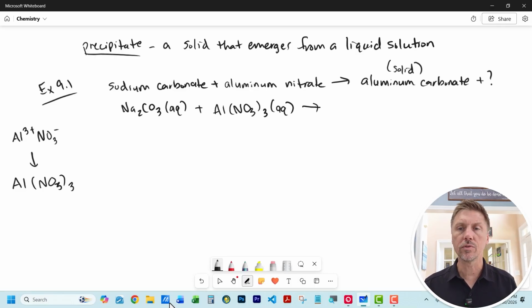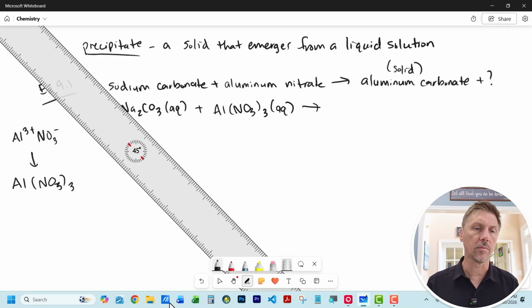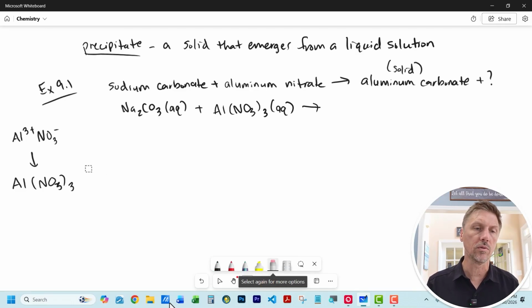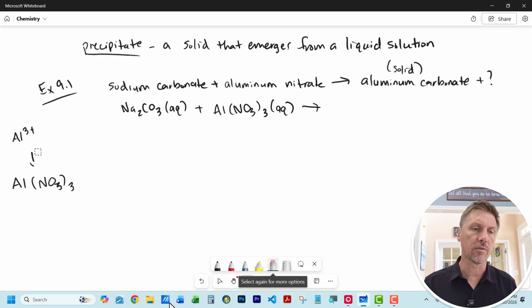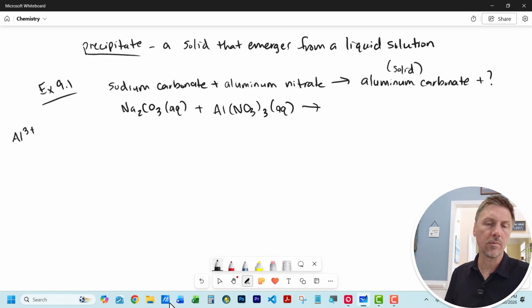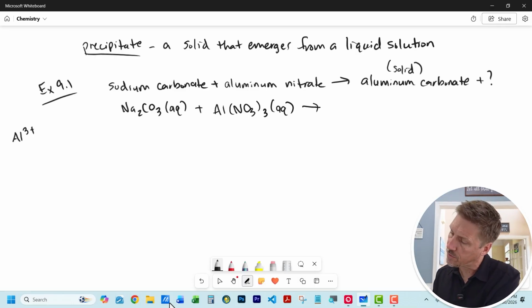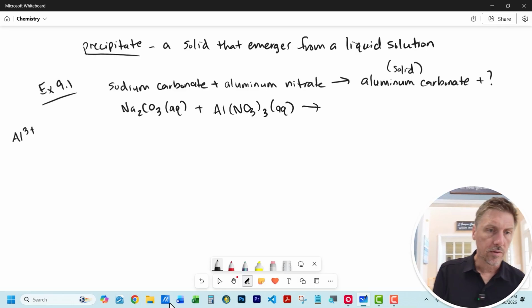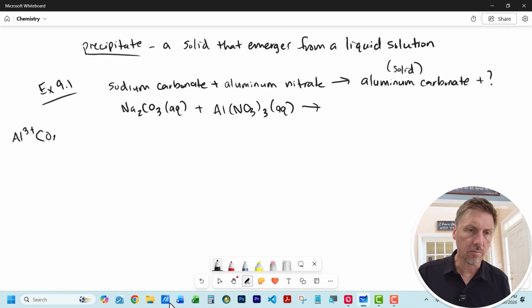And it's going to produce aluminum carbonate. Now, what's the formula for aluminum carbonate? We'll leave the Al3 plus here. That's aluminum carbonate. Go again to our periodic table. Actually, we just did that, right? It was CO3 2 minus. So not the periodic table, I'm sorry, our table on page 245. So CO3 2 minus.